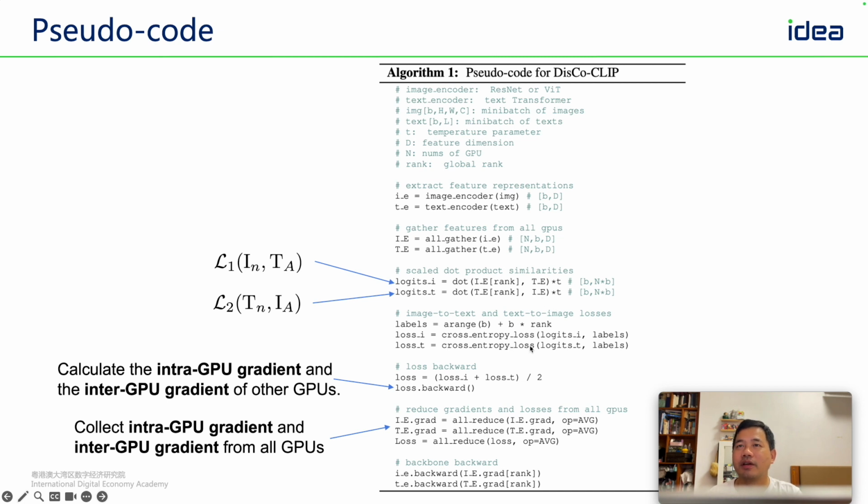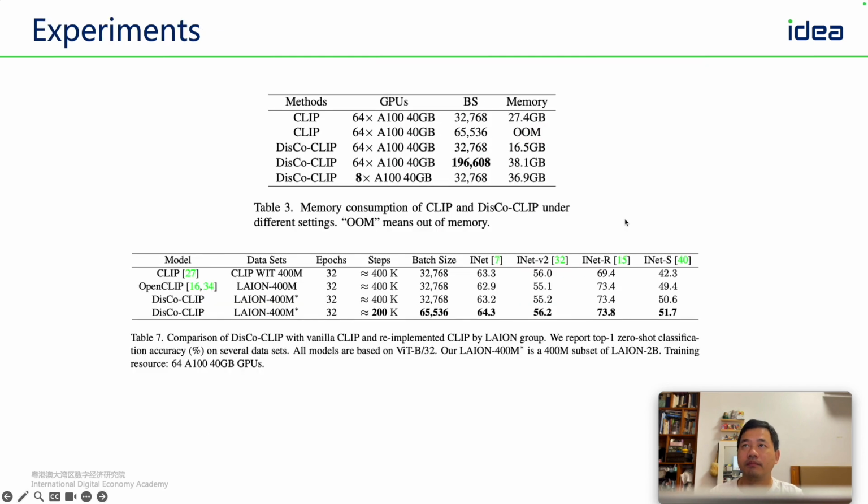After that we can compute the loss and also do a backward. After that we need to use all reduce to collect the gradients. Then we can continue the backward. So this is DisCo-CLIP.